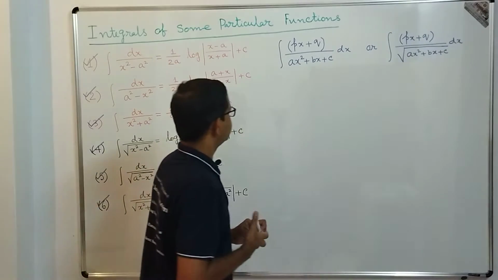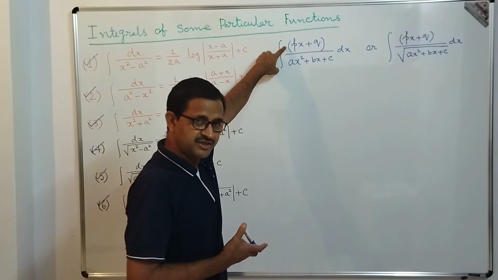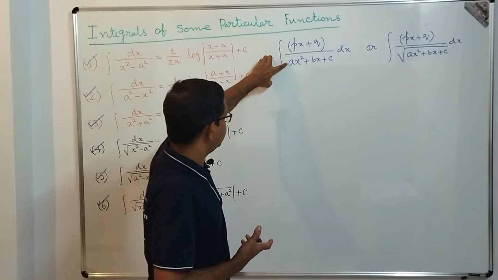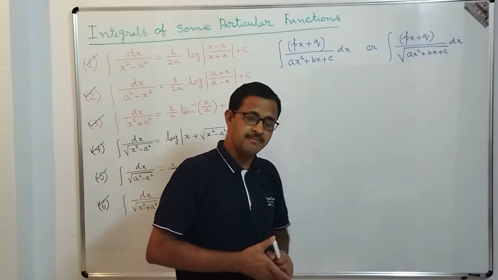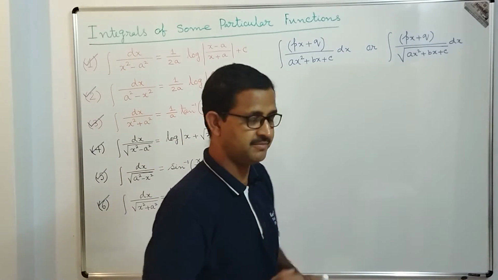If we look at it, in the numerator it is a linear expression, and in the denominator it is a quadratic expression. By the way, here a, b, c, p, q are all real numbers.